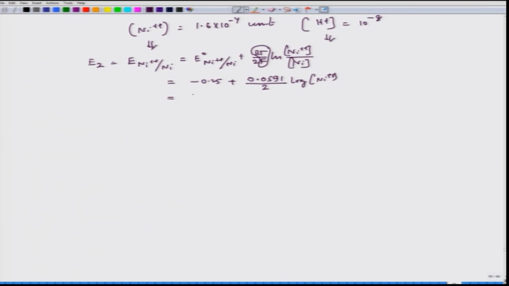So, this becomes minus 0.25 plus 0.0591 by 2 log 1.6 into 10 to the power minus 4.